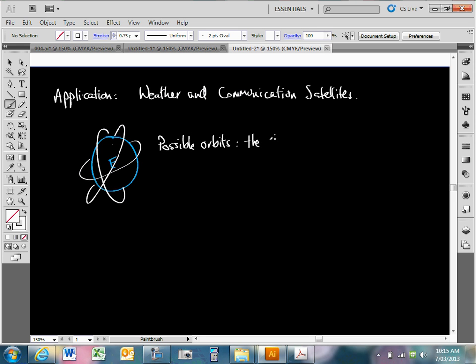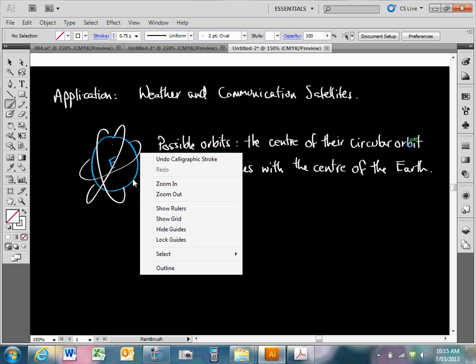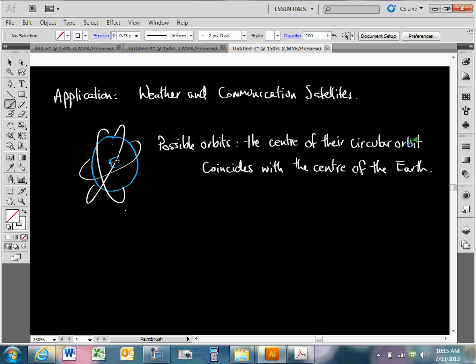Actually, I'll say the center of their circular orbit coincides with the center of the Earth. Center of the Earth in here somewhere.